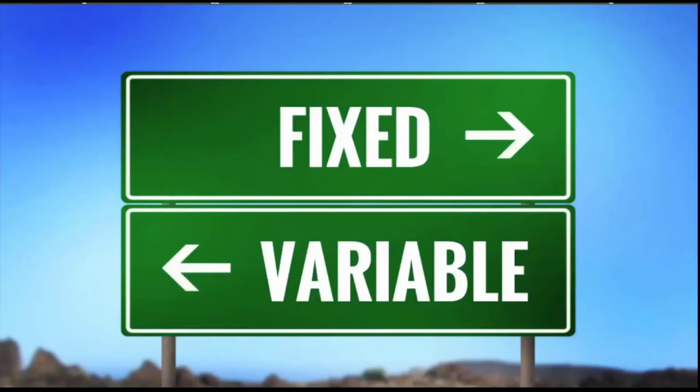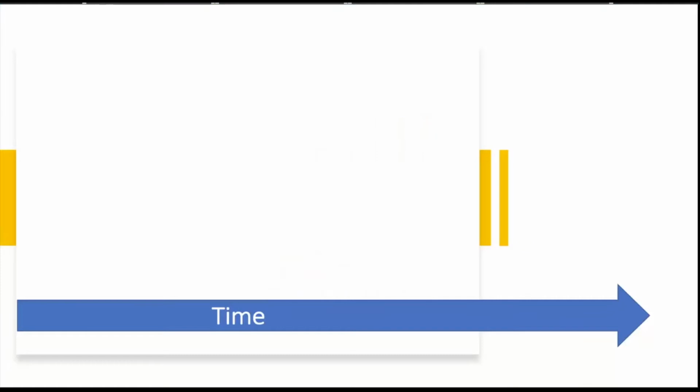Which leads right into this discussion. Fundamentally, it's asking us to rethink what we see as variables and what we see as fixed. We're still in a theoretical discussion here. Let's think about what's typically a variable and what's typically fixed. In a typical class situation, time is fixed, right?